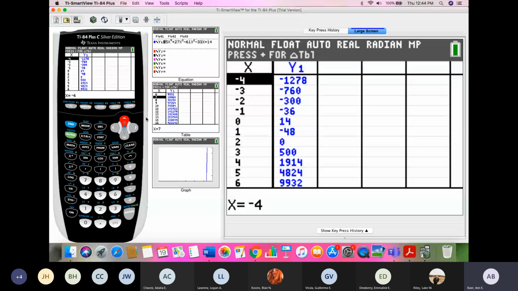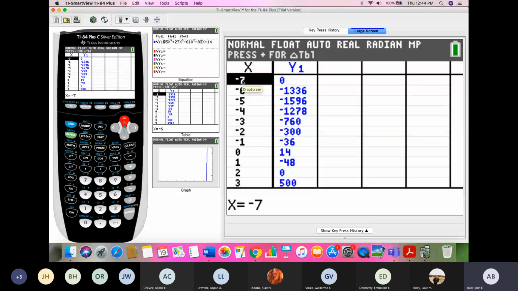There's also another one that I saw. I don't want to go back too fast. There's another one. -7 is a zero because it makes y equal to the number 0. So you want to be looking in the x column for zeros, and then glance over to the y column and see if you see the number 0.